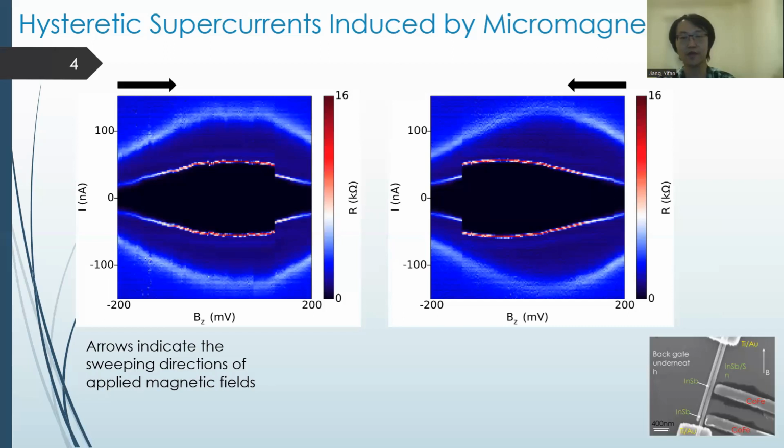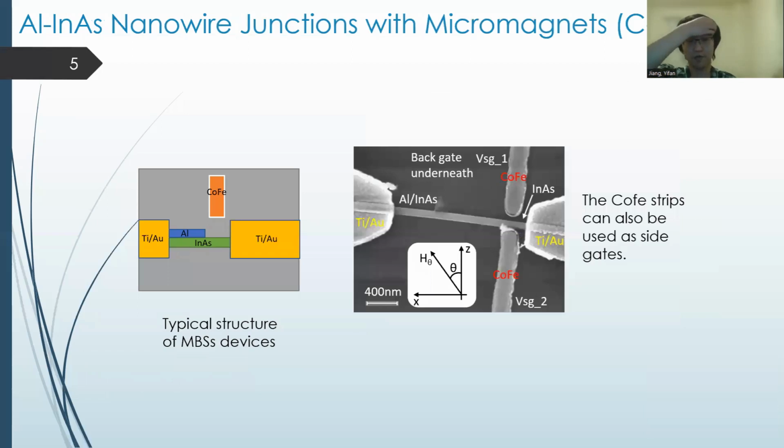device for Majorana bound states. Majorana bound states are what we want to find in this kind of device, so we just try to fabricate the typical structure for Majorana bound state devices. Here is an aluminum-indium arsenide nanowire junction.